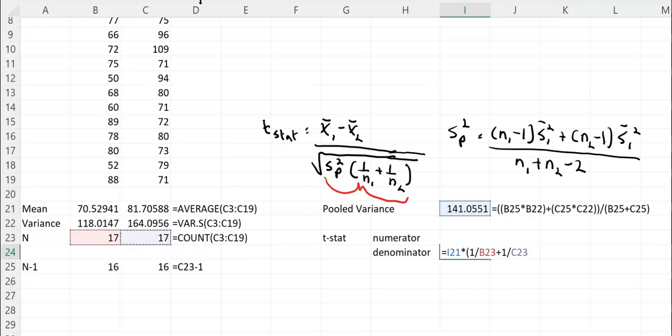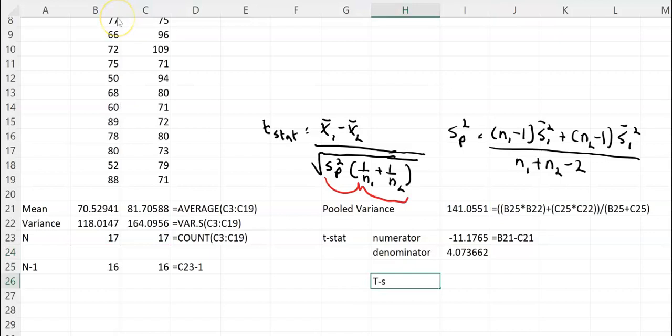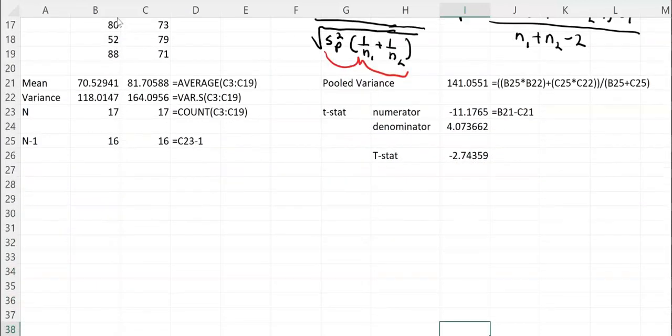Here it's not n1 minus 1, we just need n1 and n2, so we should make sure to check those two numbers. Now we have this number, and what we need to do is find the square root of that. Then my t-stat is going to be the numerator divided by the denominator, which comes out to be negative 2.74.